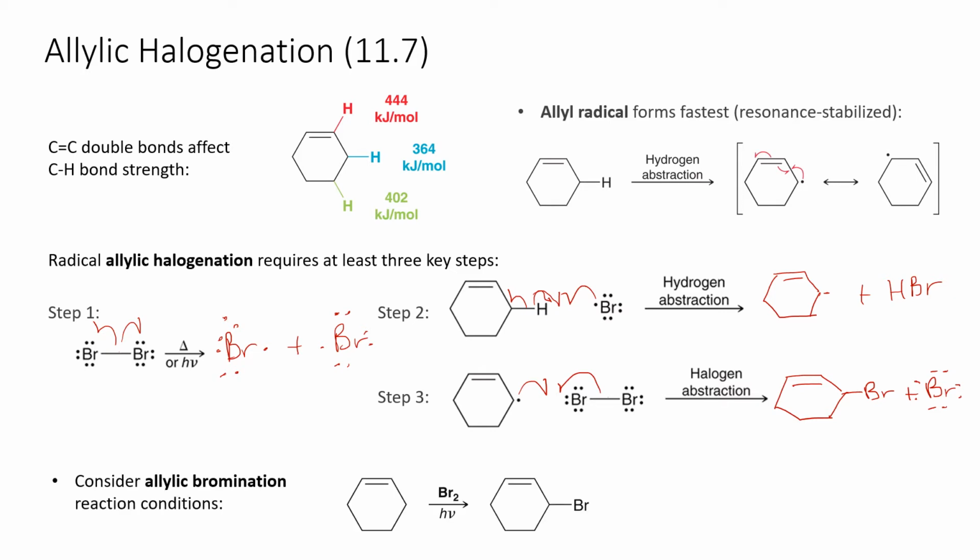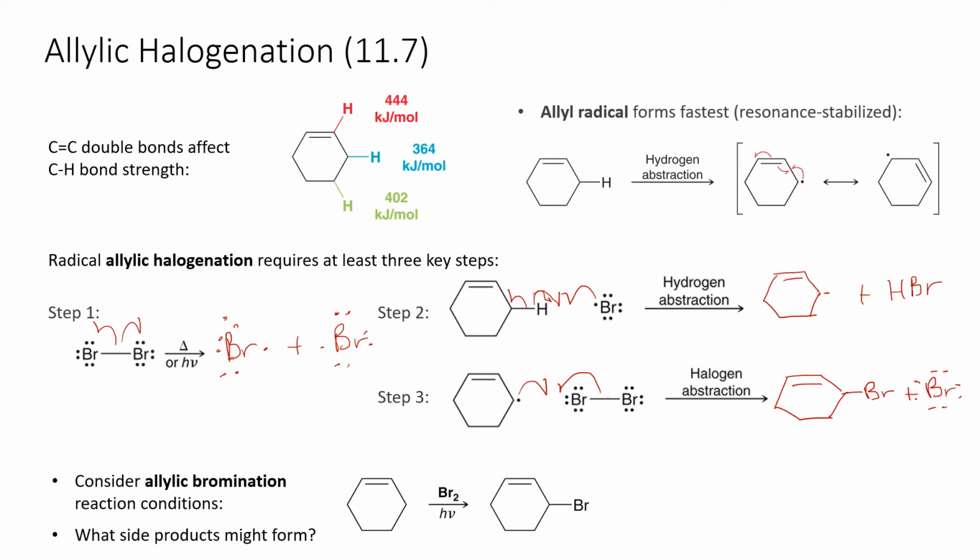And then again, if we consider allylic bromination reaction conditions, this is what occurs. Bromination will always occur at the allylic position. So when we're looking at Br2, what could actually happen?